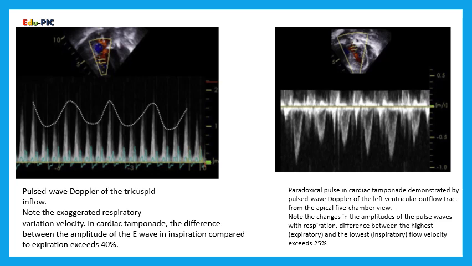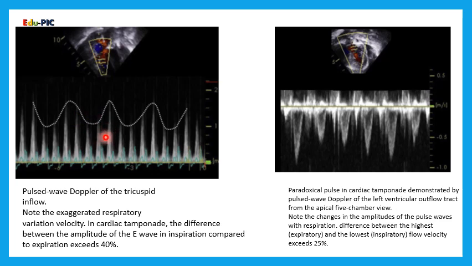We have a quantitative method to assess the presence of cardiac tamponade. It's not only related to the amount of volume surrounding the heart, but also the hemodynamic significance of this pericardial effusion. So we apply Doppler mode at the tricuspid valve, and we can assess the respiratory variation.